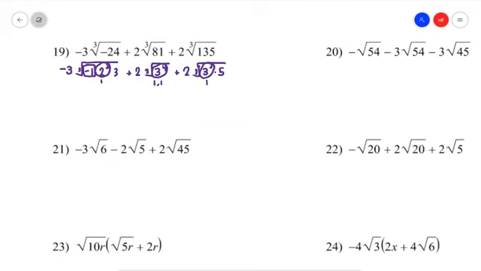So on this first one, we've got -3 times -1 times 2, cube root of 3, plus 2 times 3, cube root of 3, plus 2 times 3, cube root of 5. So that's 6 cube root of 3 plus 6 cube root of 3 plus 6 cube root of 5.